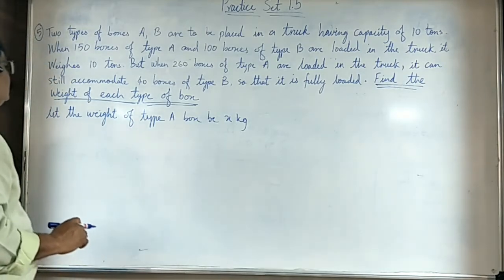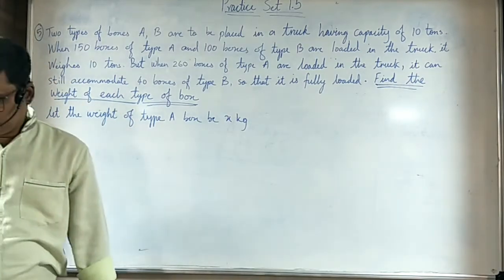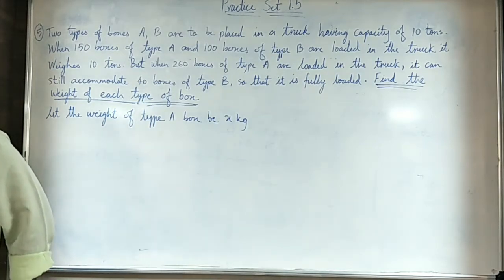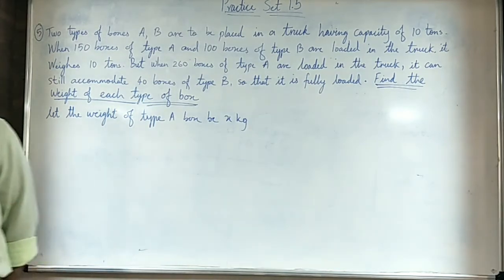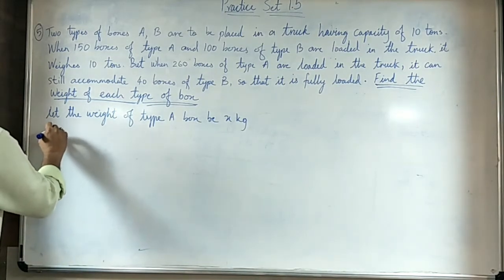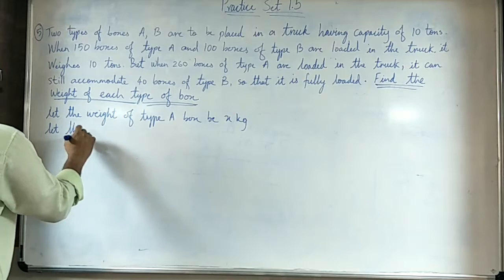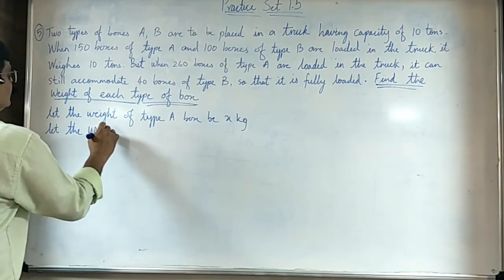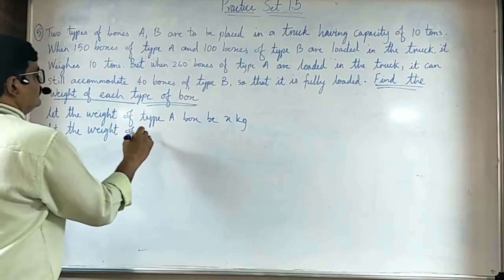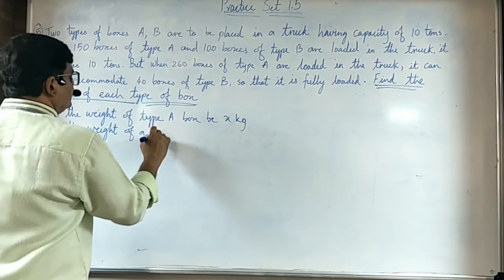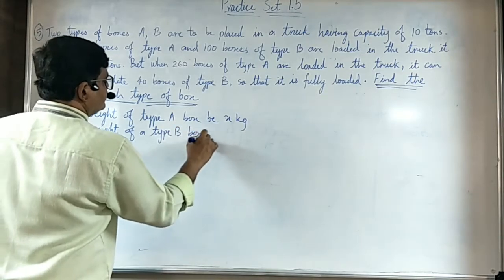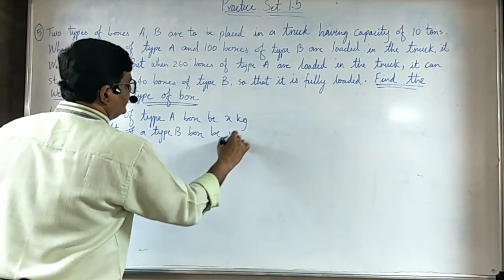Then next, let the weight of a type B box be Y kg.